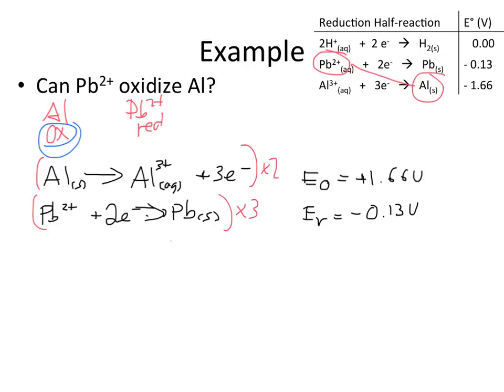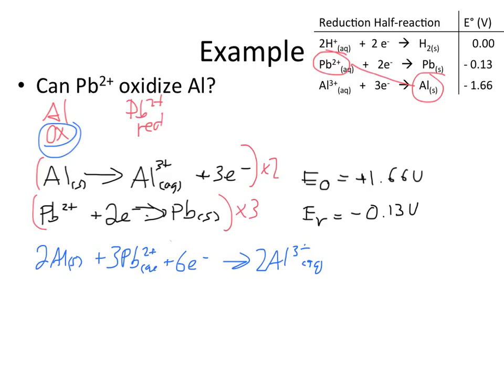So what we're going to get here is 2 Al solids, plus 3 Pb2+, and 6 electrons on this side, and that's going to give us 2 Al3+ aqueous.